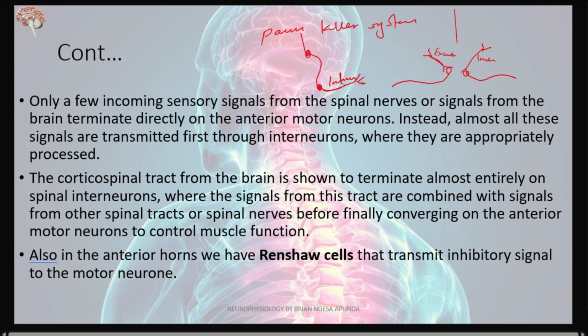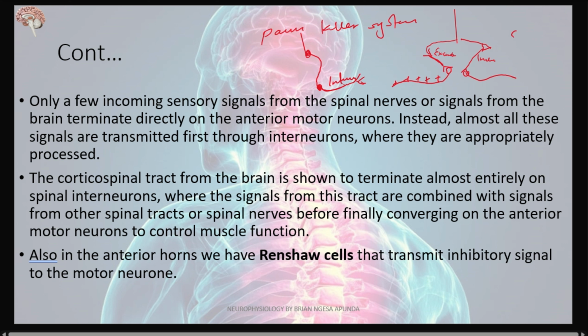So we are having information flowing from the corticospinal tract. On this part, if it interacts with these interneurons, it can end up activating the lower motor neuron. While at this side, if it is inhibitory, it might end up giving us an inhibitory neurotransmitter.